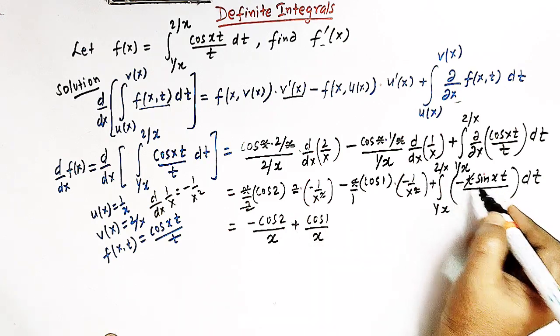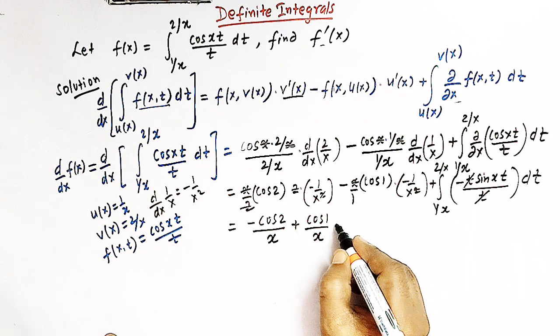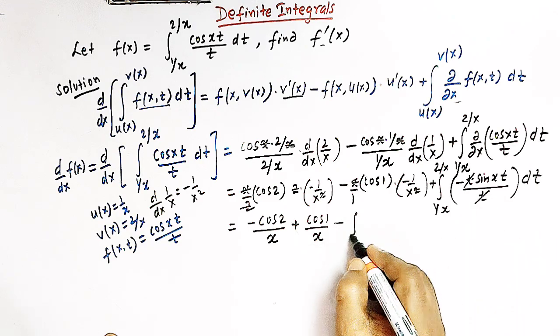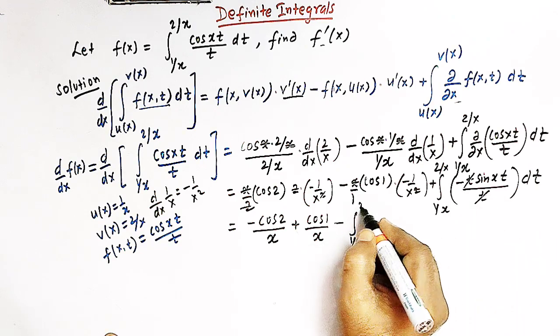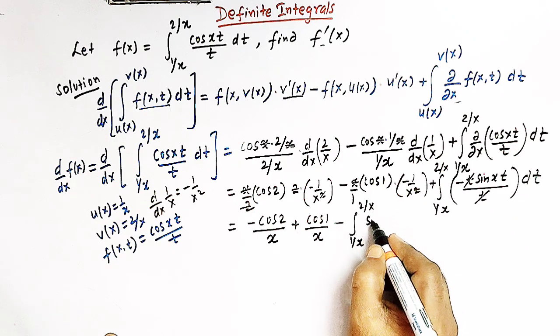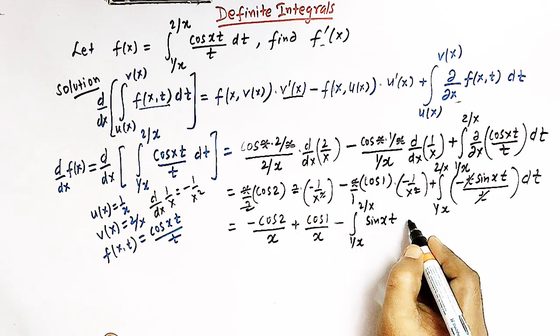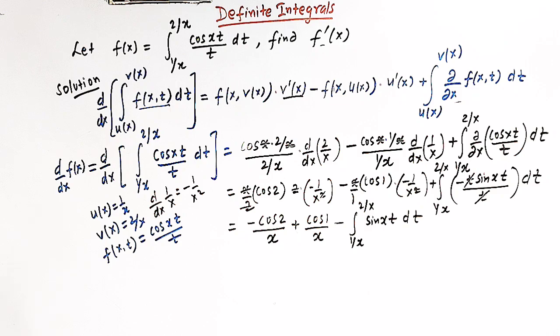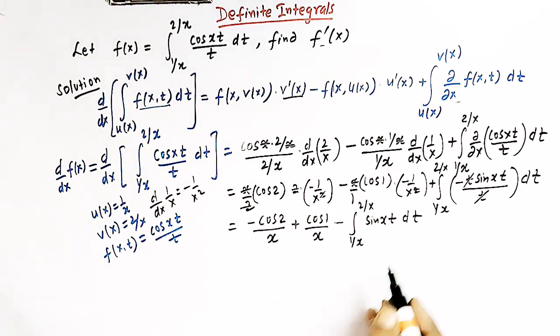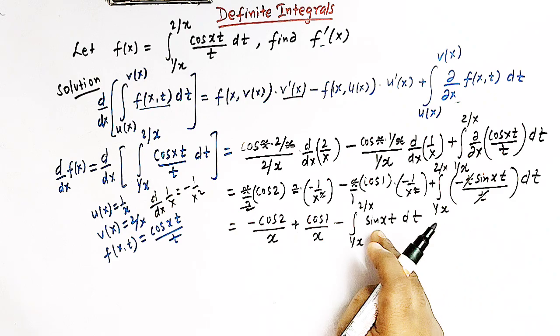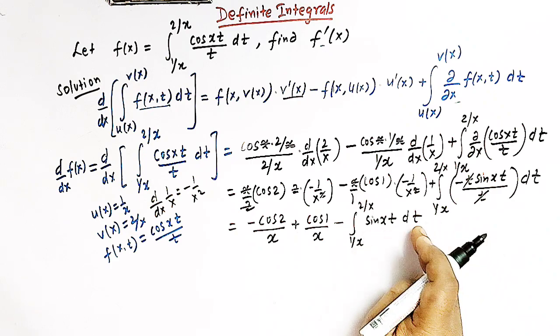And here this t and this t get cancelled, and we have negative, and 1 over x to 2 over x, and sine xt and dt. So now let us integrate sine xt with respect to t, right?